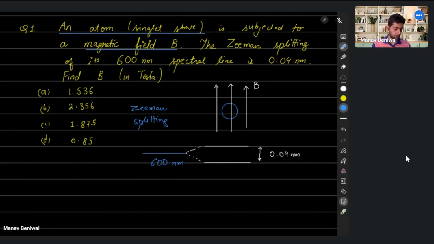Here the spectral lines split in two parts, and the separation is 0.04 nanometers. So this is the question. Now we want to find out the magnetic field B.